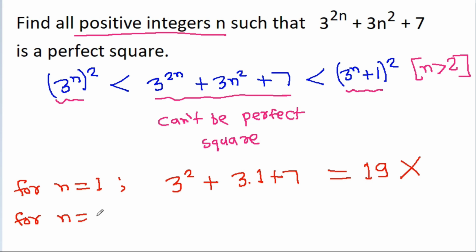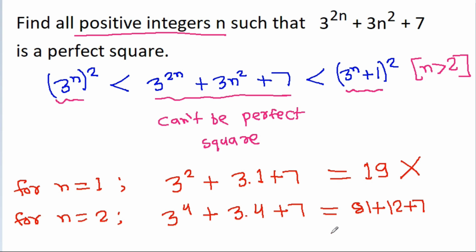And for n equal to 2, 3^(2 times 2) is 3^4 = 81, plus 3 times 2^2 is 12, plus 7, and it is 100. That is a perfect square. So n equal to 2 is the only solution of this equation.